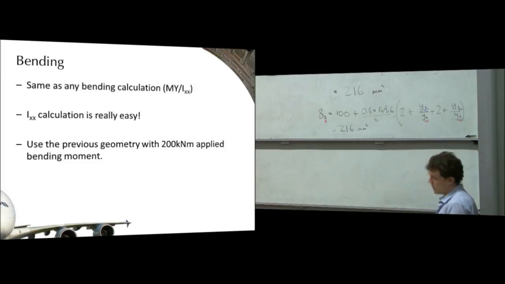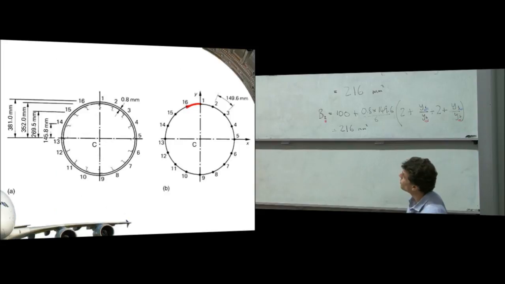If you had to calculate the IXX of this before, you would have had to know the IXX formula for a thin shell circle, and then the IXX for each stiffener, and add them all together.